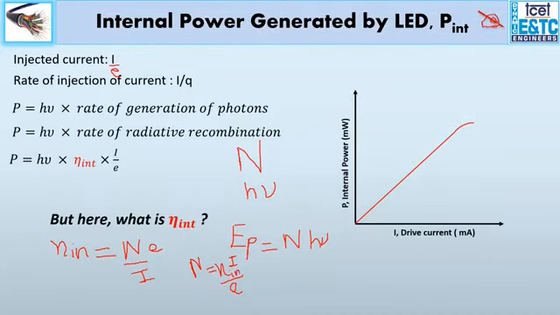Now this is the energy of the photons. Now what is the power? Power is the rate of flow of the energy, that is E by T. So if I substitute this value of E here and divide it by time, what I am getting is the rate of flow of my carriers.